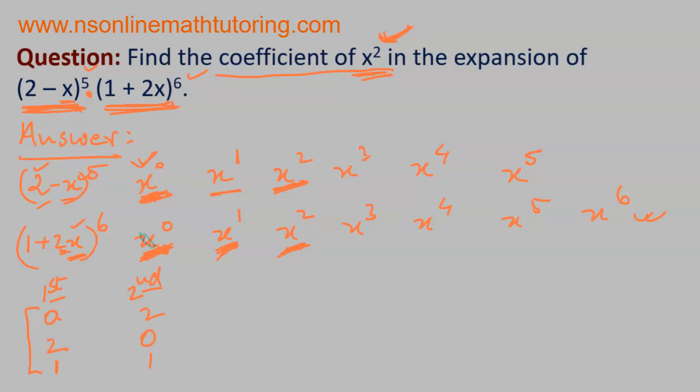I am only interested in the powers of x. So you just write the powers of x. If x is in the second term, the powers of x will be increasing by 1 from 0. If x is in the first term, you will see the powers decreasing by 1 in every term.